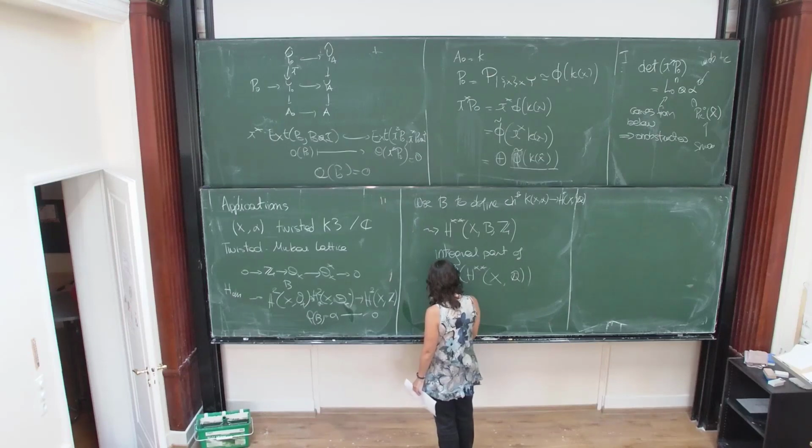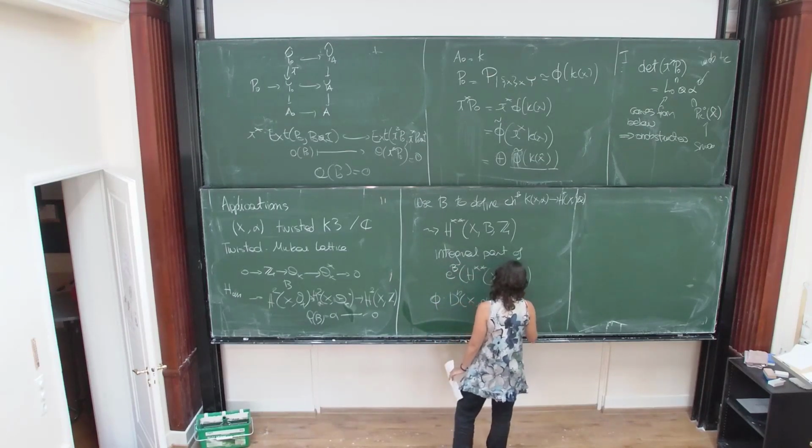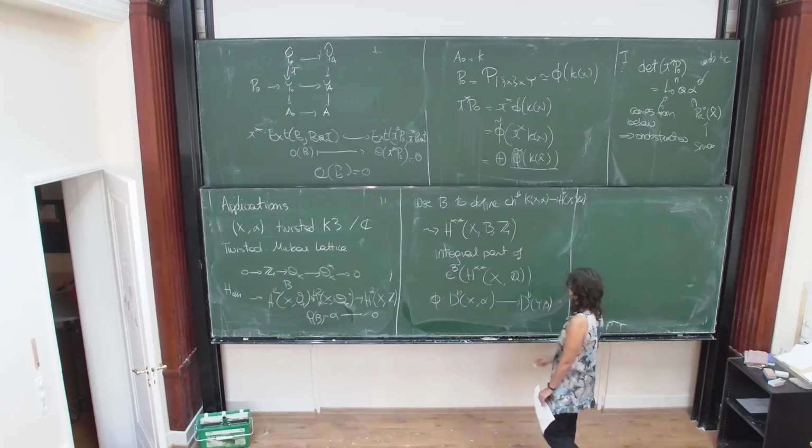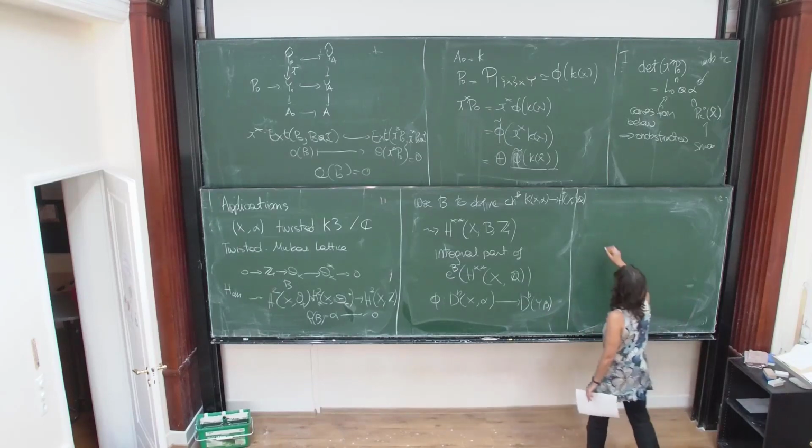What you have is that if you have a derived equivalence, it induces a map.